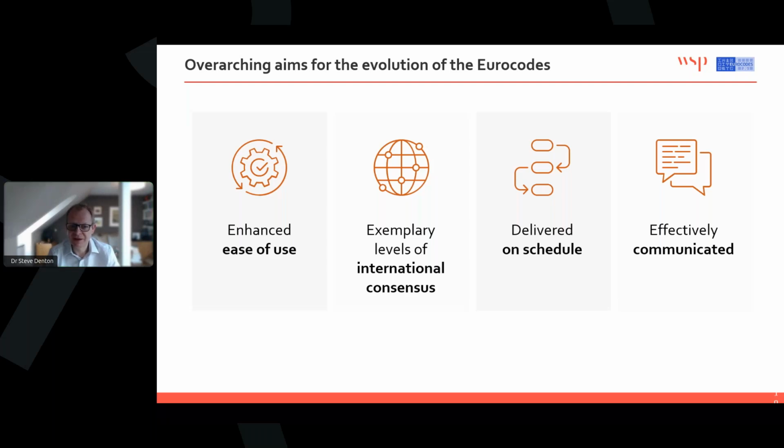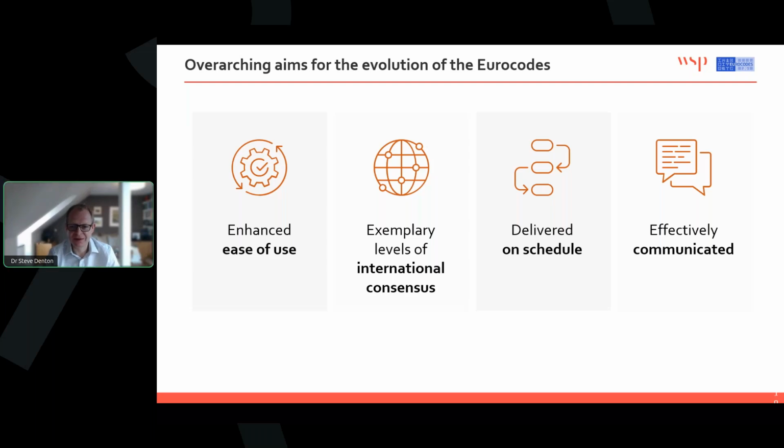Then achieving exemplary levels of international consensus are fundamental in international standardization work, and I'll touch on that in a second. Thirdly, to deliver to schedule, which when you have thousands and thousands of experts from across Europe working collaboratively on such a complex and interdependent program was always going to be a challenge, but critical that we delivered on time.